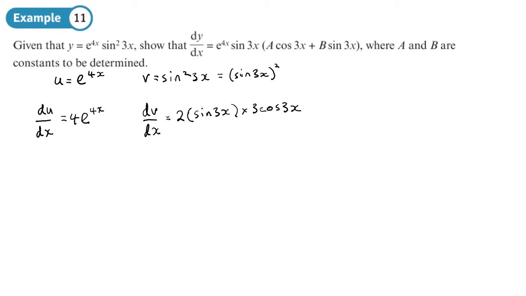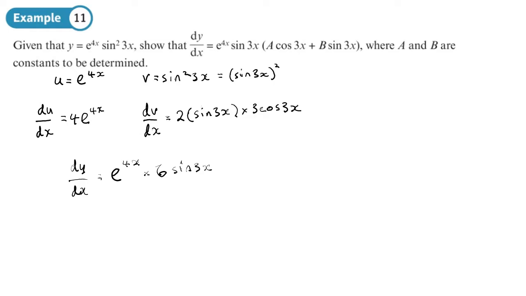Right, so now we can put these into the product rule. So dy dx is equal to u, which is this, times dv dx. So times, and I've got 2 times 3, that becomes 6 sine 3x cos 3x.